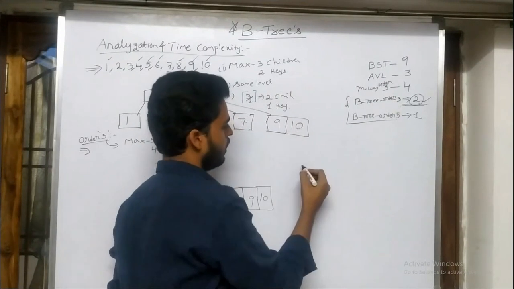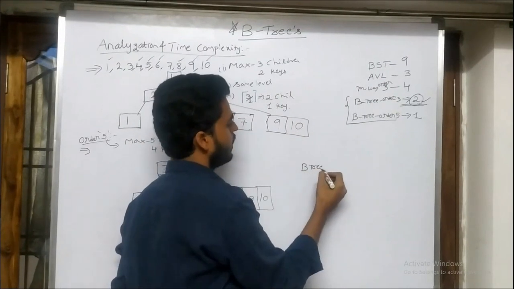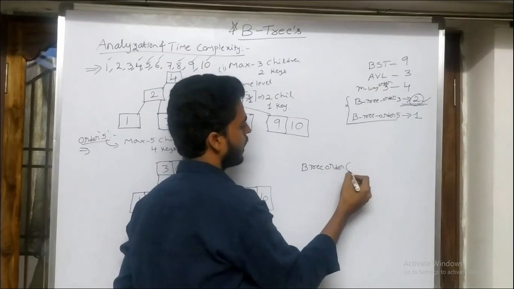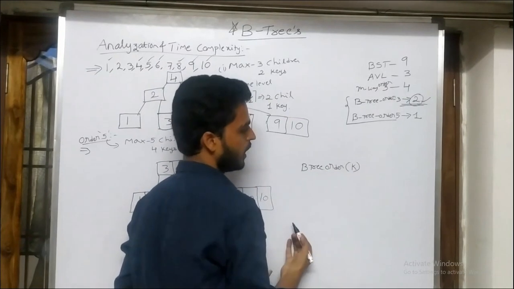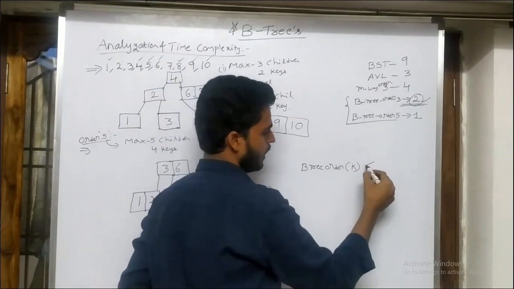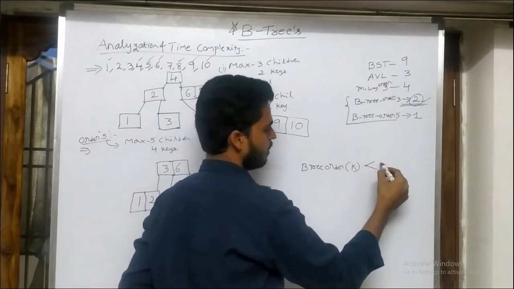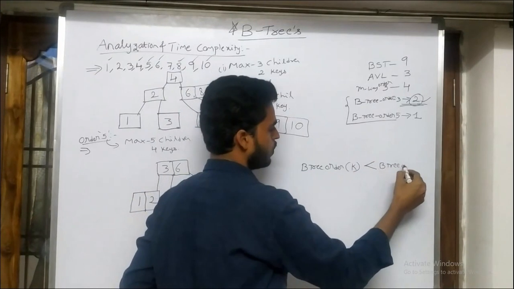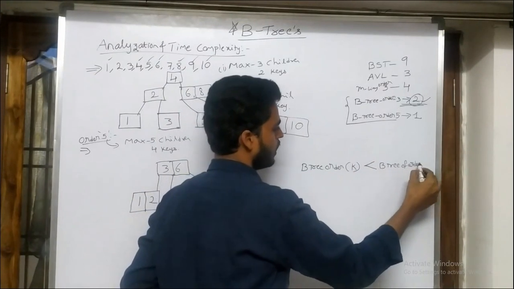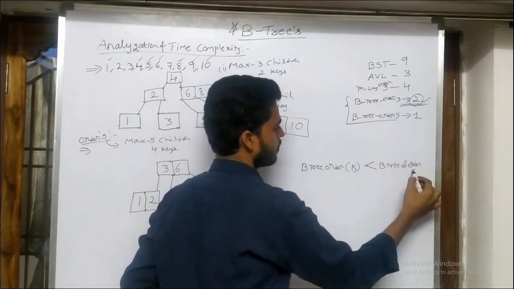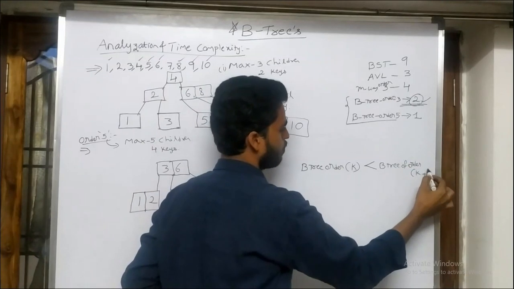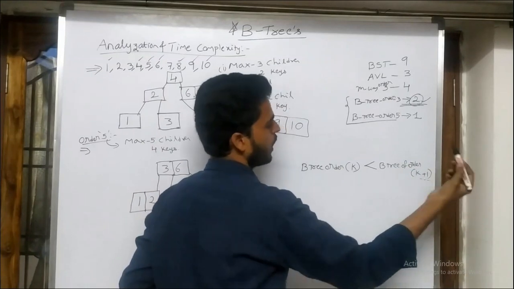Meaning that a B tree of order k is less efficient when compared to a B tree of order k plus 1 and so on.